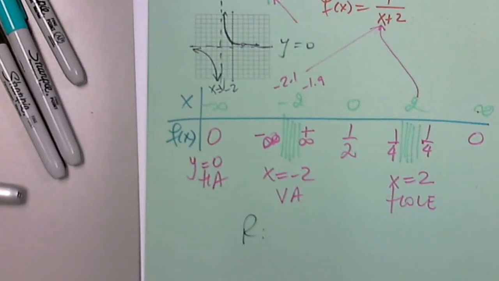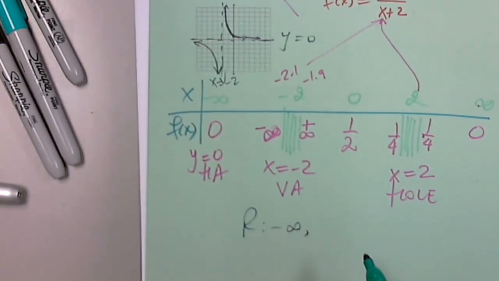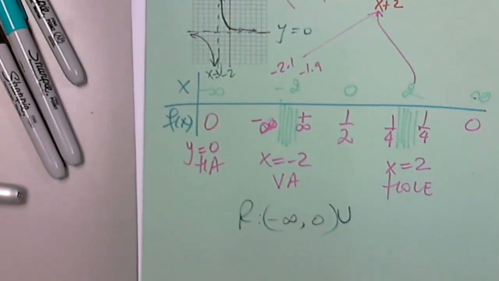Negative infinity to -2. Union. So negative infinity, I agree, comma, 0. Awesome. Union. I have to start where I stopped. So you got 0, comma.